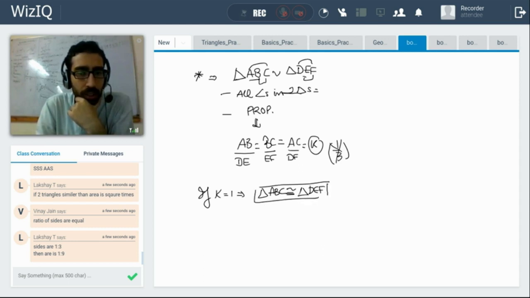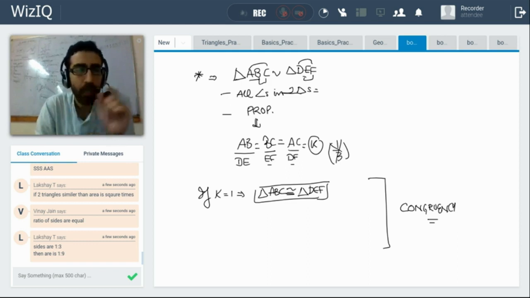Because then all sides of ABC become equal to all proportional sides of DEF. So, putting K equal to 1, you get AB equal to DE, BC equal to EF, and AC equal to DF. So that is what the difference between congruency and similarity is.